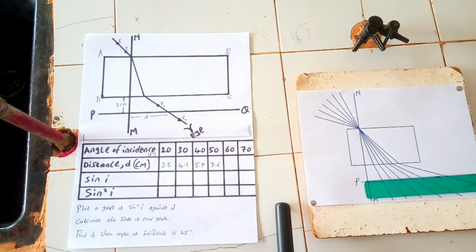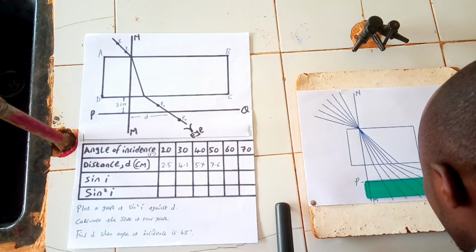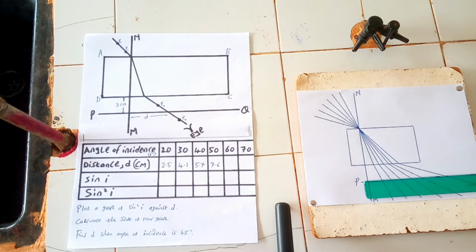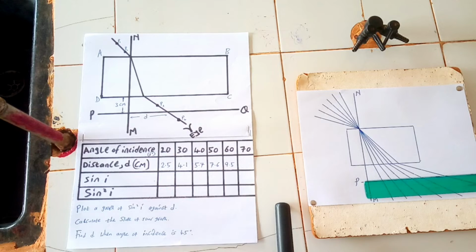The next one, 9.5. Then last one for 70, this one is 13.7.